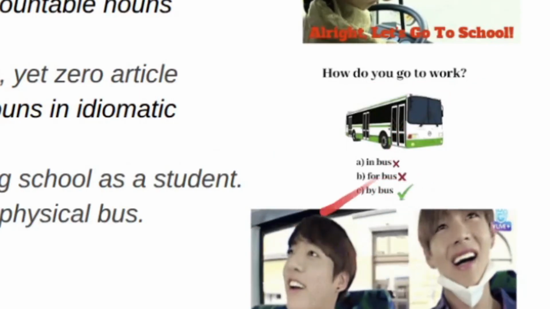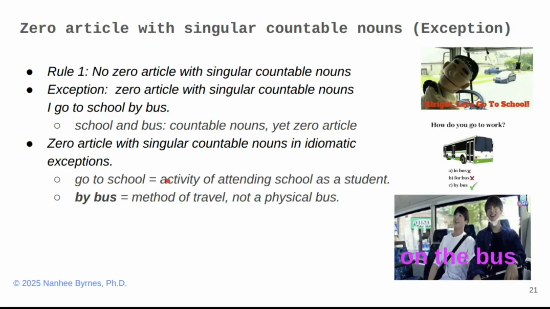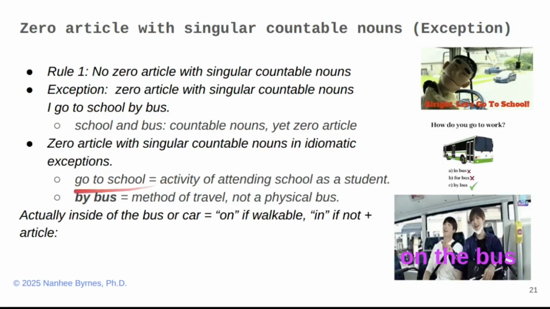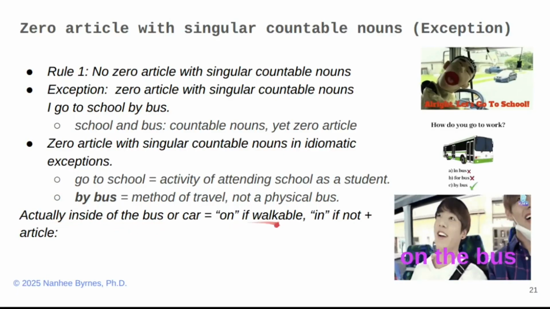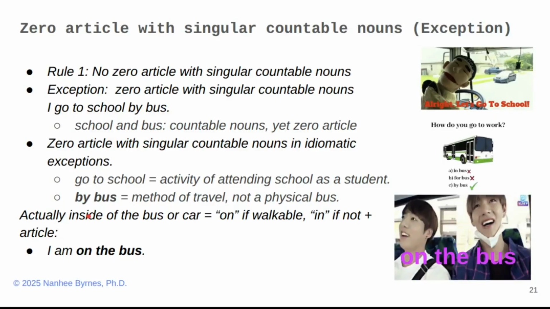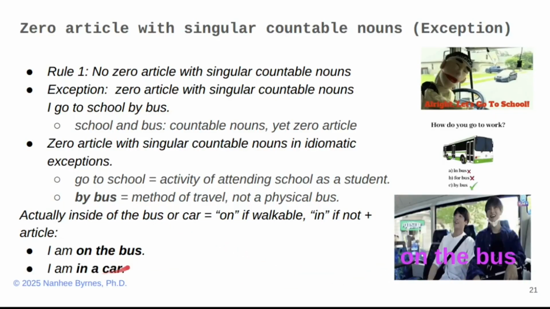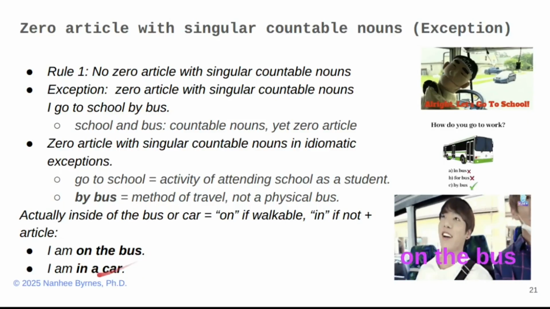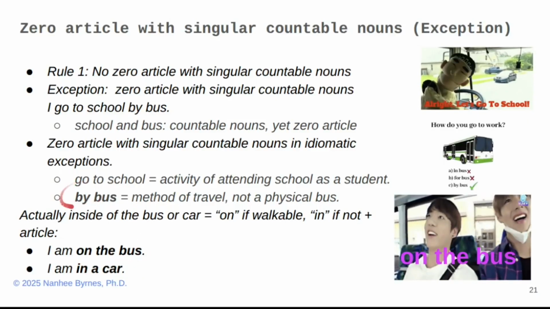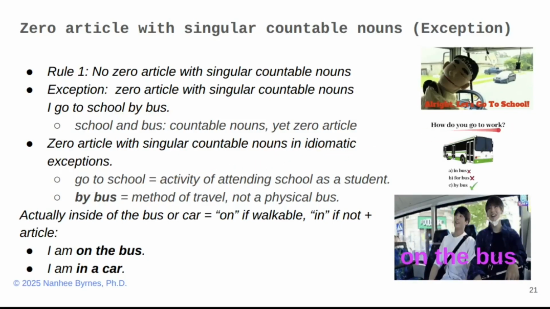Now, if you were actually talking about the physical object, you would need a different preposition and article. You would say, I am on the bus, or I am in a car. See the difference? The meaning changes depending on whether you're speaking about the activity or the object itself. Other classic examples include sentences like, I go to bed early.